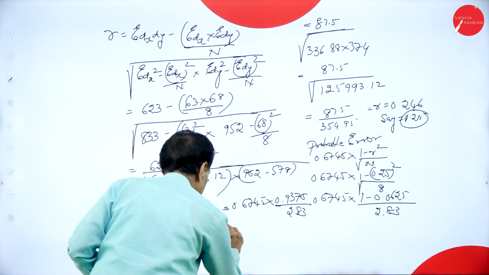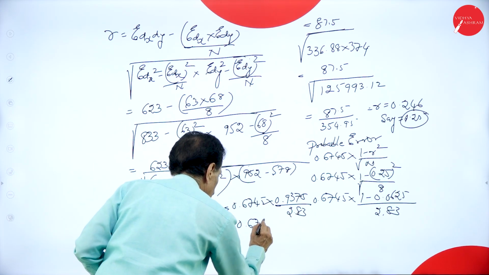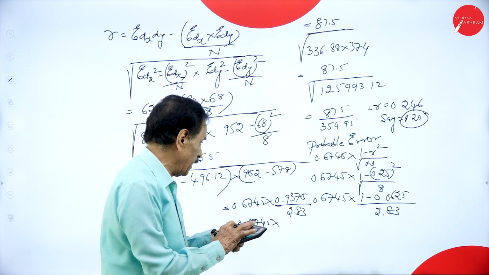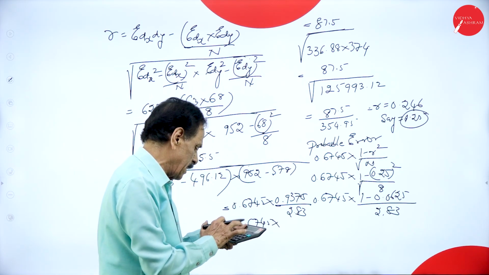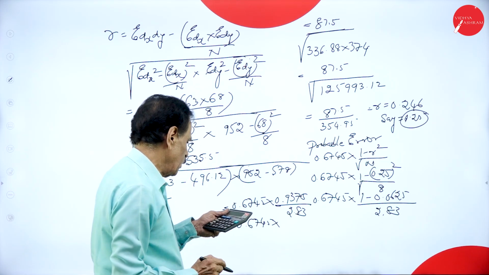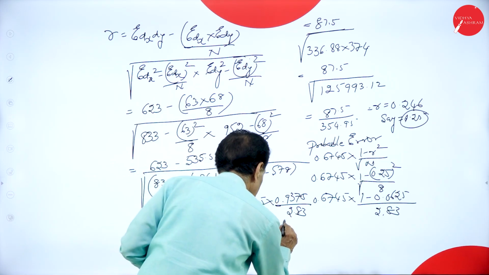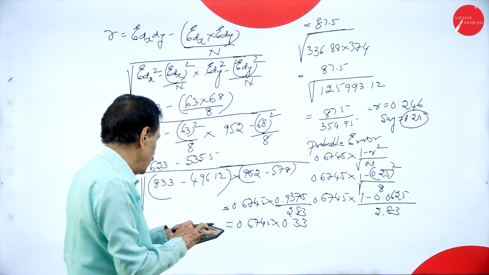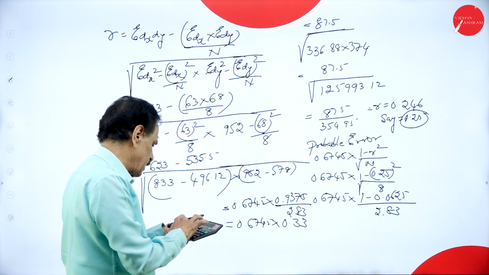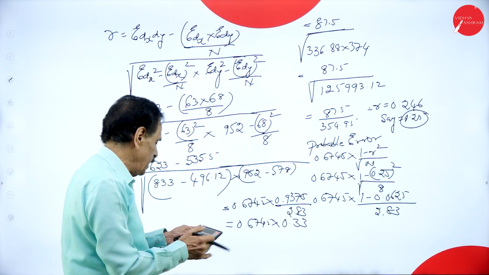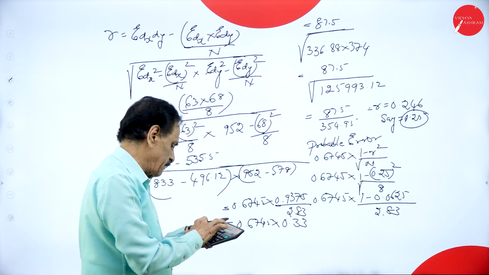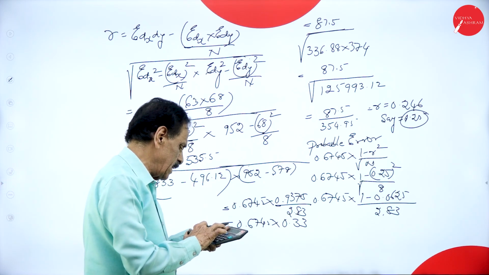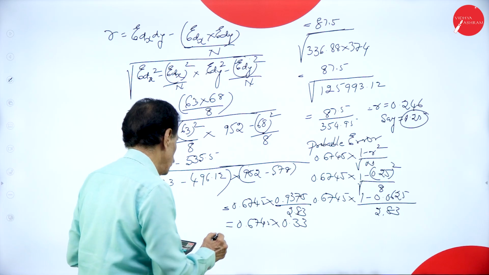Combine: 0.6745 into 0.9375 divided by 2.83, which is 0.33. So 0.33 into 0.6745, I'll repeat, 0.6745 into 0.33 is 0.22.